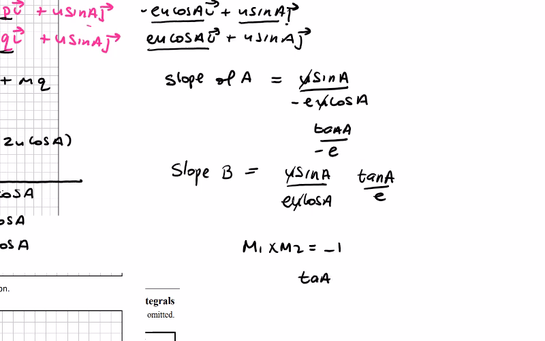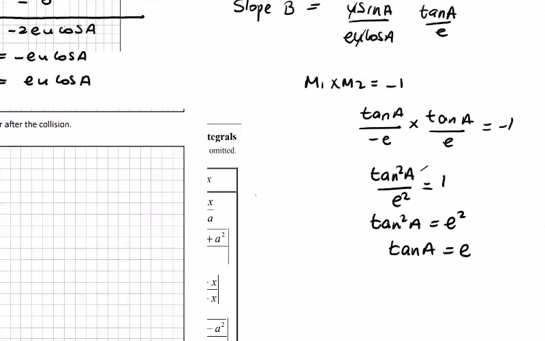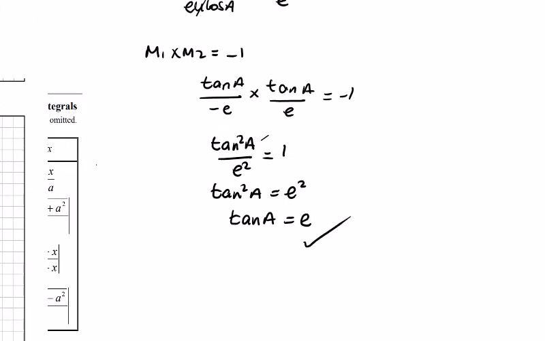So tan alpha over minus E by tan alpha over E equals minus 1. So if we multiply by minus 1 on the tops and the bottoms, we're going to get tan squared alpha over E squared is equal to 1. So tan squared alpha equals E squared. So tan alpha equals E. And what we were asked, show that tan alpha is equal to E. So that's question 3.